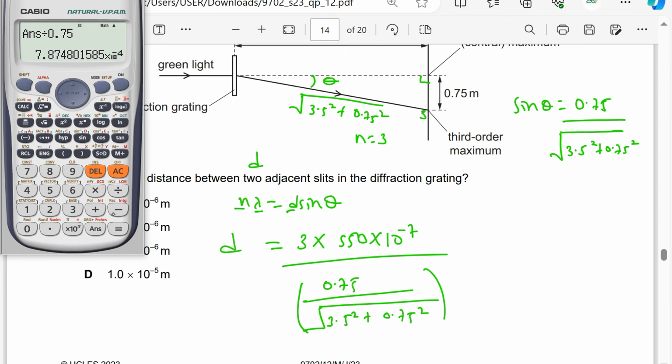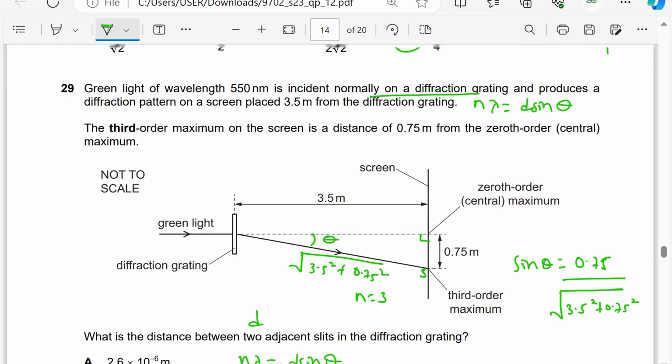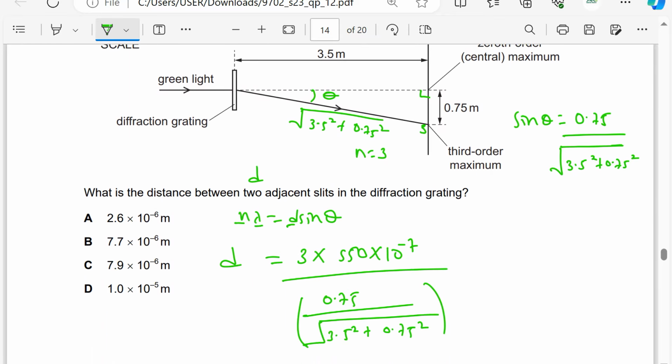I'm getting 7.87 times 10 to the power of minus 4. No, the wavelength is in nanometers, so this should be power minus 9, not minus 7.